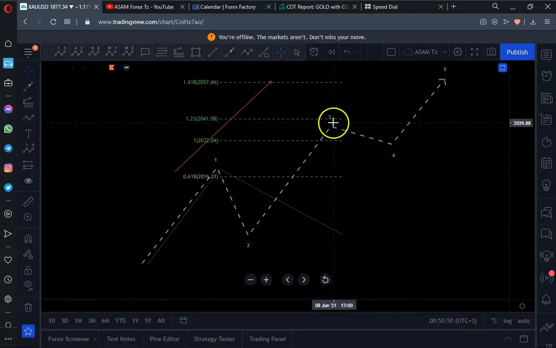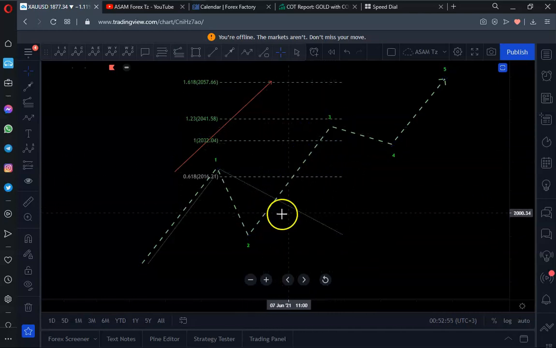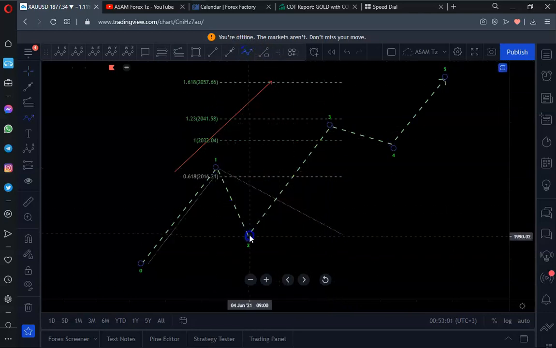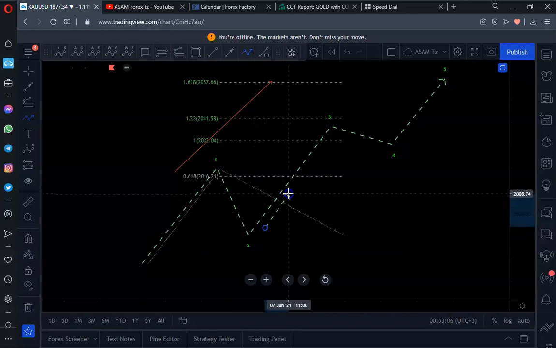Assuming that this third wave was not yet completed, your projection will be, maybe you have the second wave, then let's say the third wave is now developing here.